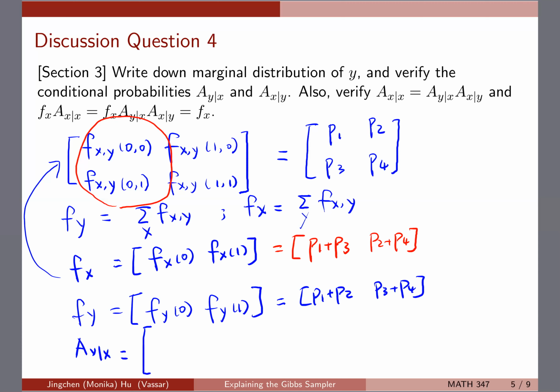You can always compute it from the joint, because the conditional is the joint over the marginal. And what we just did was the marginal. So you can imagine the first term is going to be divided by something. I'm going to just give it to you, and I will ask you to verify that it is the transitional probability.